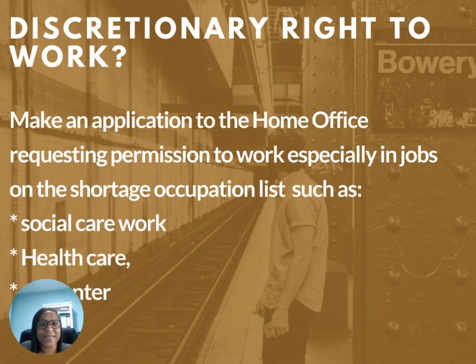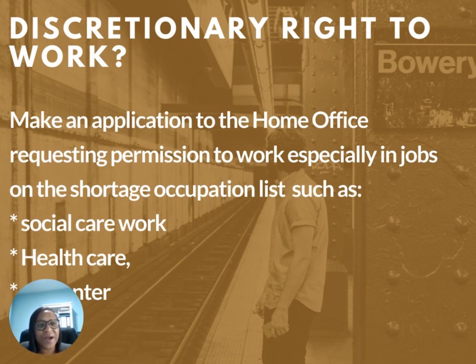The next question is, how am I able to get the Home Office discretionary right to work in the United Kingdom as an asylum seeker? Now, the first thing you have to remember is that you have no right to work.